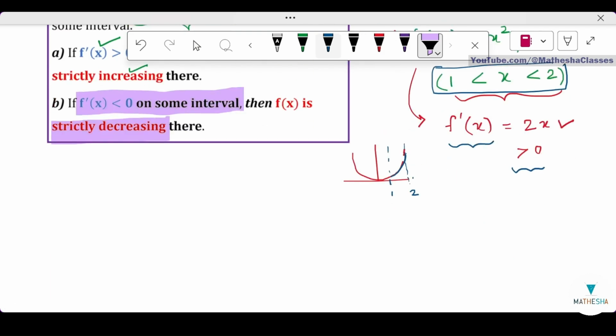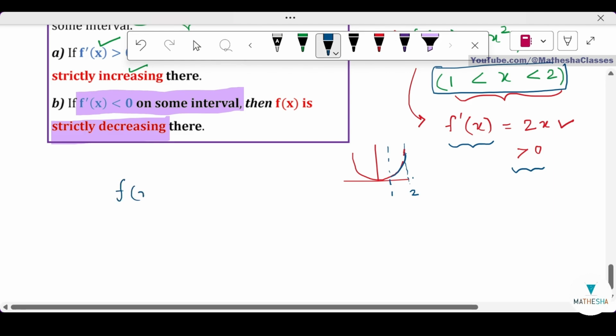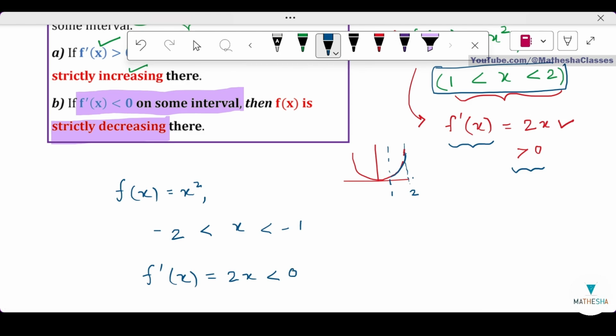जैसे आप देख सकते हैं, सेम फंक्शन आप यूज करते हैं, हम बस उसका इंटरवल चेंज कर देते हैं. यहाँ पे भी हम सेम फंक्शन यूज कर लें, f(x) इक्वल टू x squared, बस इसका इंटरवल चेंज करके हम -2 to -1 कर देते हैं. अब देखिए, आप जब अब f'(x) लेंगे, उसका वैल्यू 2x will be less than 0, मतलब ये अकॉर्डिंग टू इस थ्योरम उस पार्ट में मीन्स फ्रॉम -2 to -1 ये फंक्शन डिक्रीजिंग होगा. एक्चुअली अगर आप इसका ग्राफ भी देखेंगे, तो -2 से -1 के बीच में ये फंक्शन डिक्रीज ही कर रहे हैं.